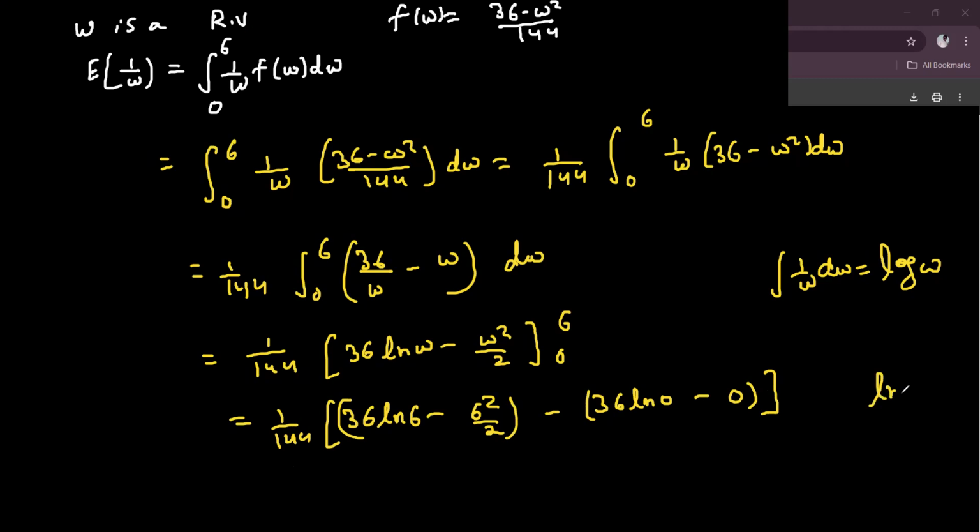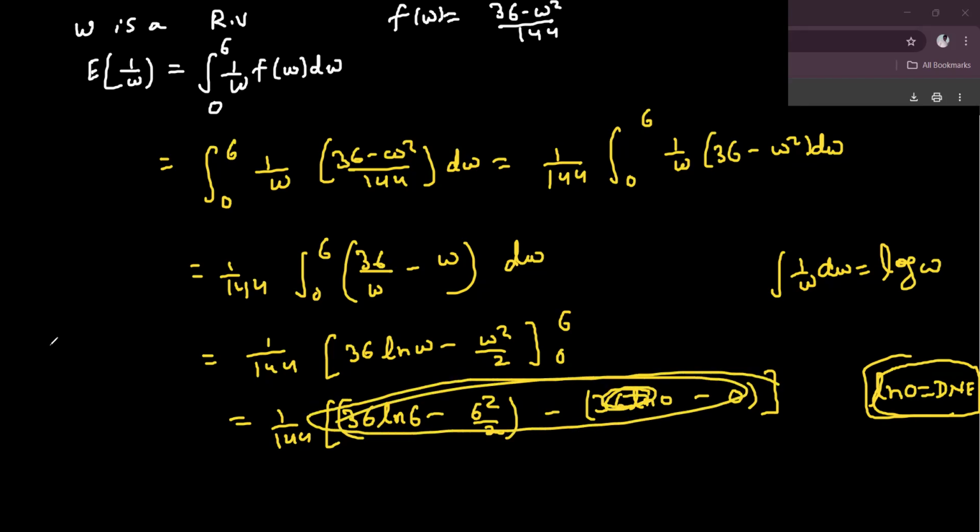You know what ln 0 is? ln 0 does not exist. Log of 0 has no real value. So if it does not exist, the whole value will not exist.